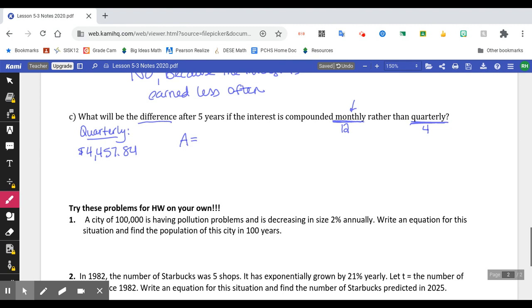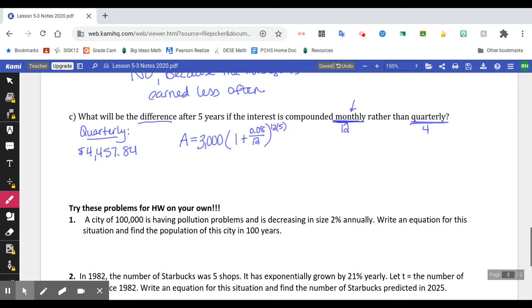So let's do this again for monthly. The original investment was $3,000. 1 plus our interest rate 0.08 over 12 this time because it's happening monthly. And then I'm going to take 12 times 5 out here.